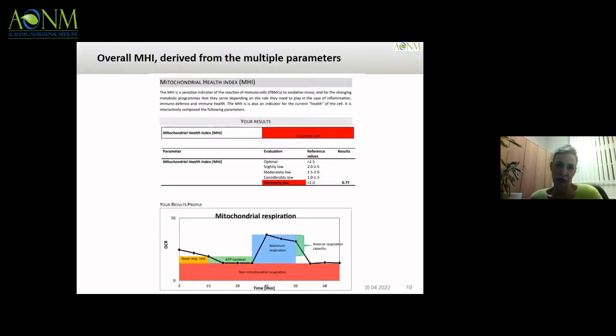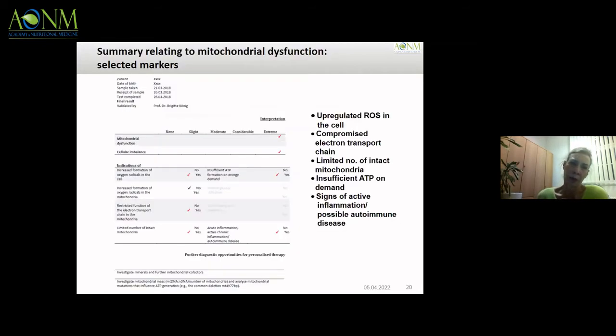We can summarize that the mitochondrial health index is extremely low, at 0.77. And from that we can conclude that the mitochondrial dysfunction is extreme.